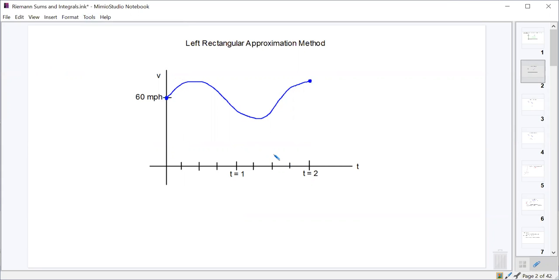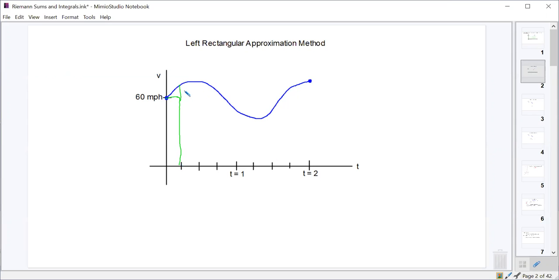Take each of the little subintervals, and at the left endpoint of each, draw a straight horizontal line and then a straight vertical line, and make a rectangle. Then it's very easy to find the area of that rectangle, assuming you have the value at the beginning of that interval.